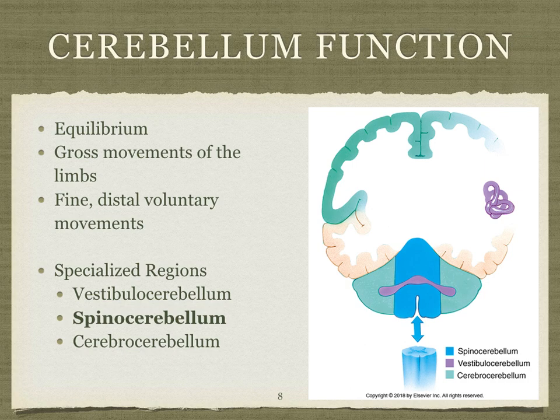Now we have gross movements in the limbs it helps with, as well as that precision fine motor control, or our voluntary distal movements. It also aids in regulation of muscle tone and modulating the input from our brainstem and our spinal cord. So that's another important thing too, is the muscle tone regulation.